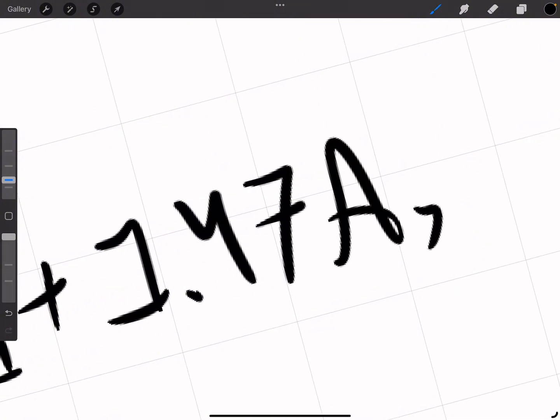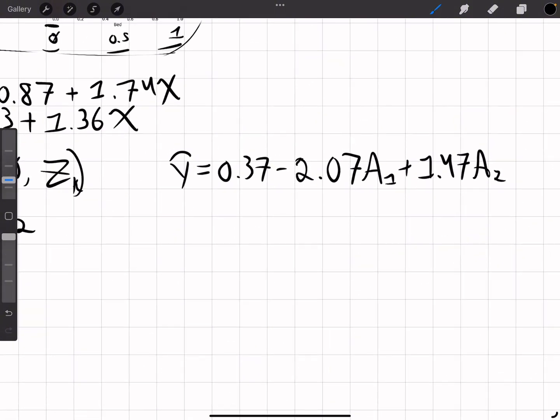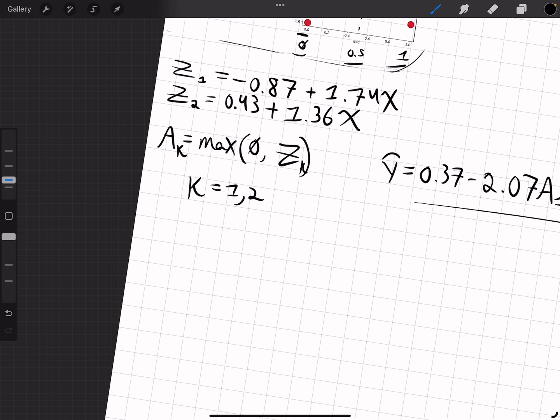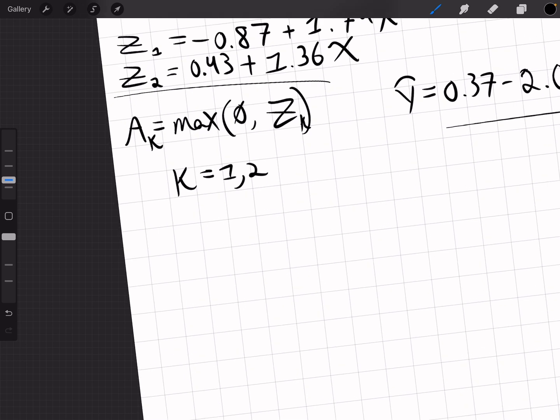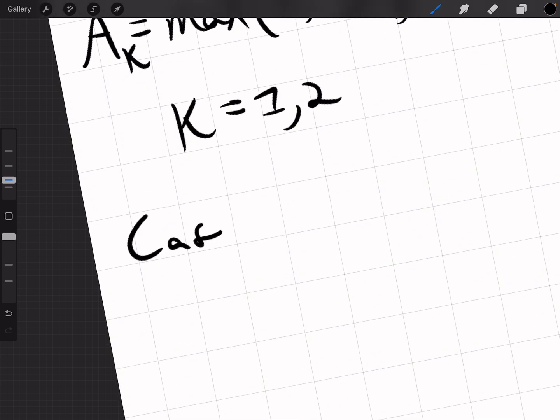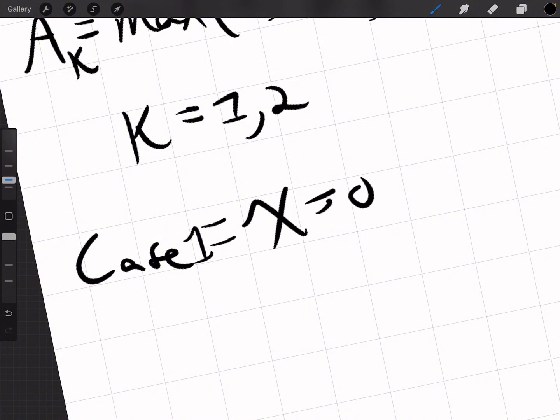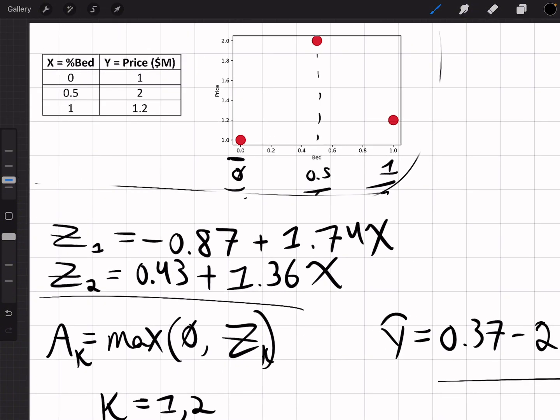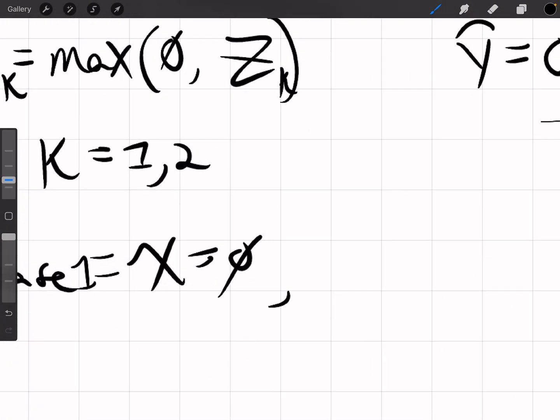1.47 A subscript 2. So this is that, and that is that. So very similar to how we were originally doing it, except it's slightly different. You have your 3 cases, like previously. Case 1, which is X equals 0. Again, you just have to look up here and find your other 2 cases, and then case 2, X equals 0.5.